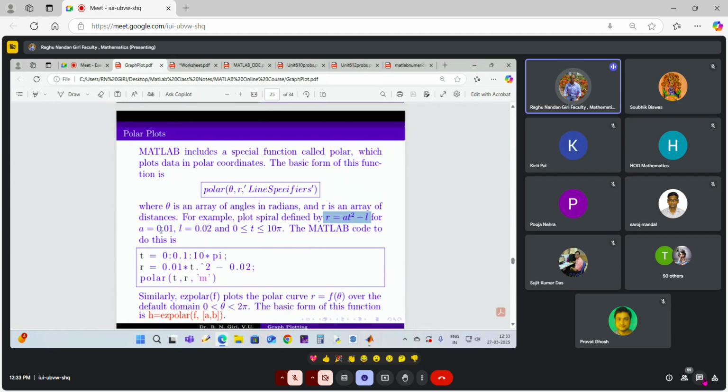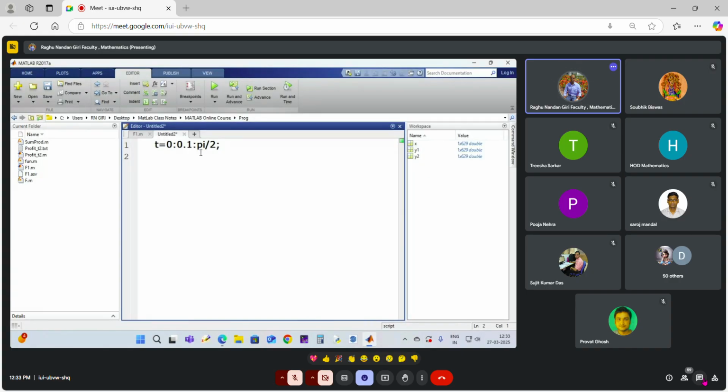So t value, then r equal to 0.01 into t square.